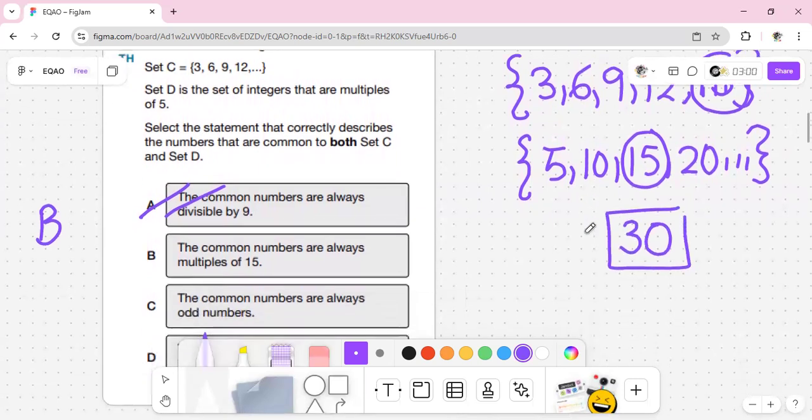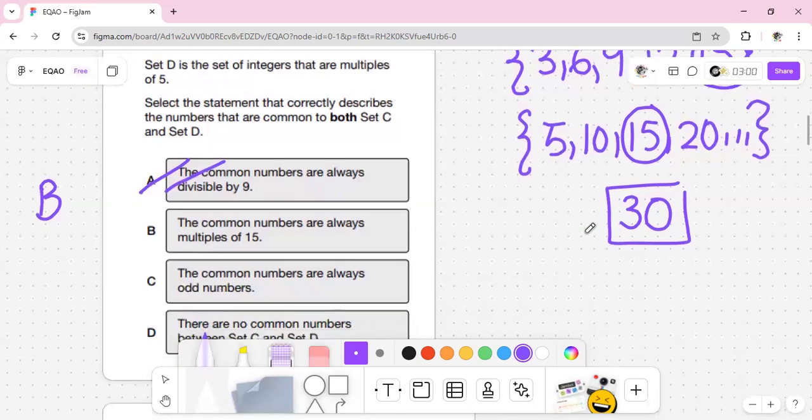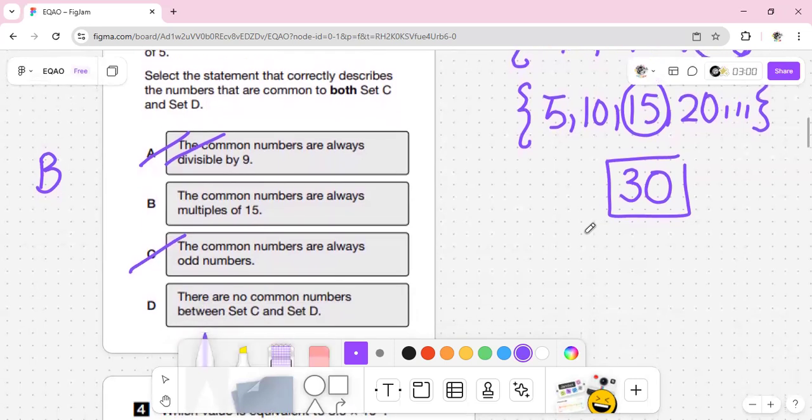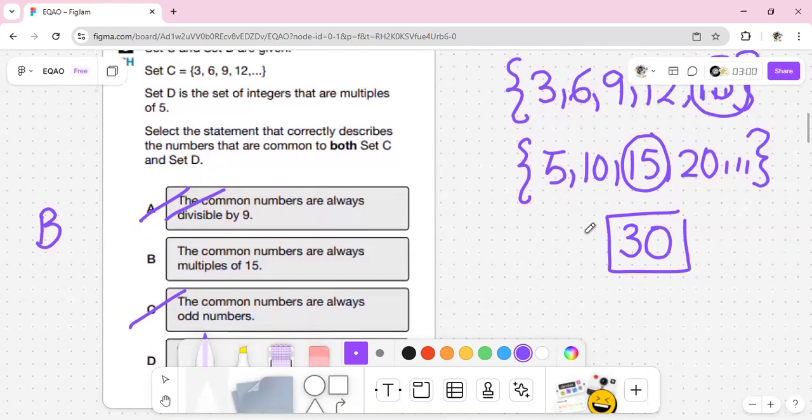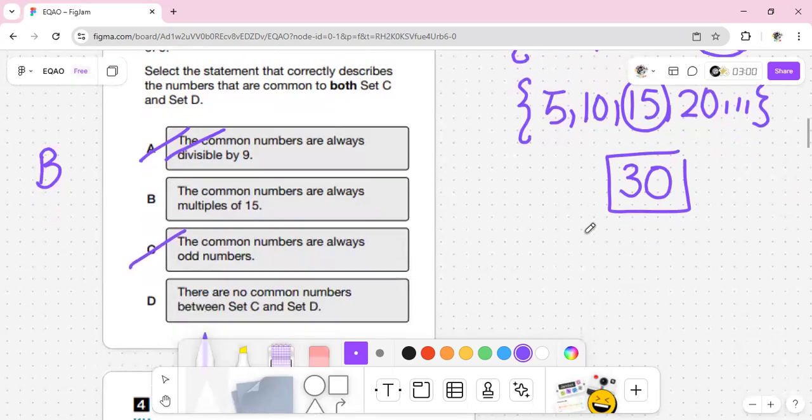And then the next multiple that they have in common is 45. So 30 is not an odd number, so I know C is incorrect because 30 is an even number. And obviously, we have already found a common multiple between the 3 times tables and the 5 times tables, so D is also not correct. The only correct statement is B.